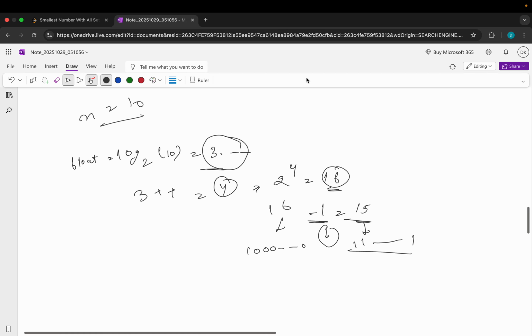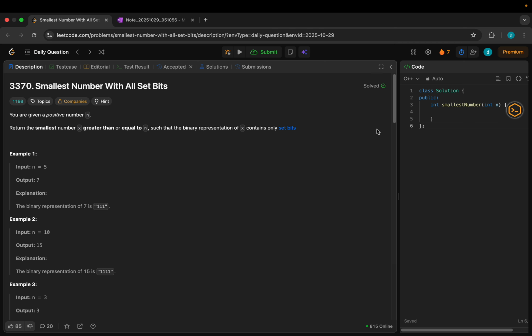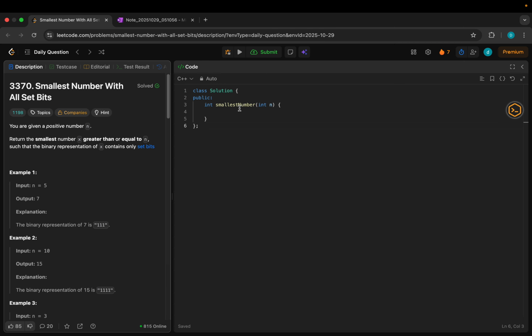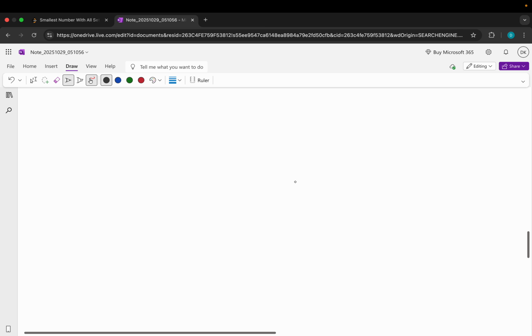Now let me code this up. First of all, let's say float x1 is equal to log n upon log 2. I will also explain this part.